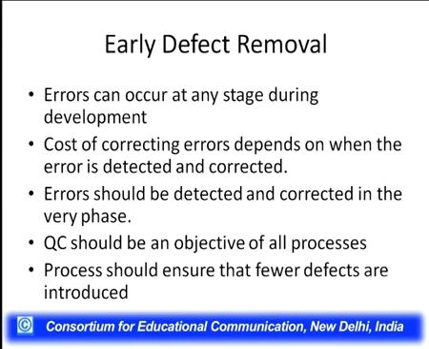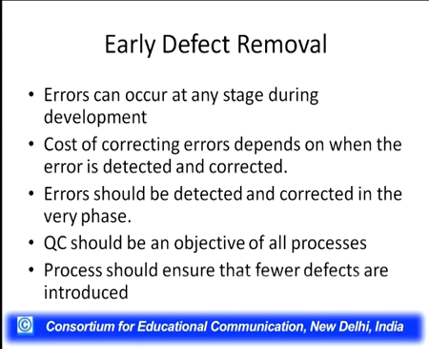Early defect removal is very important, because errors can occur at any and all stages of software development, and the cost of correcting errors depends on when the error is detected and when it is corrected. So errors should be detected and corrected in every phase, because the more time an error remains in the system, the more fatal it can be for the system.